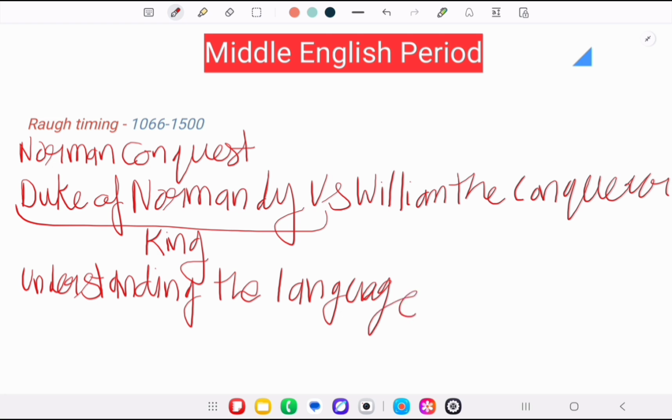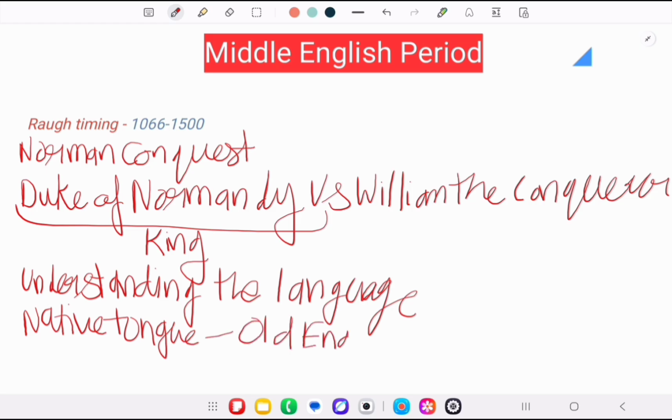Because the warriors from the Old English period had Old English as their native tongue, while the warriors from Normandy had Norman French as their native tongue.